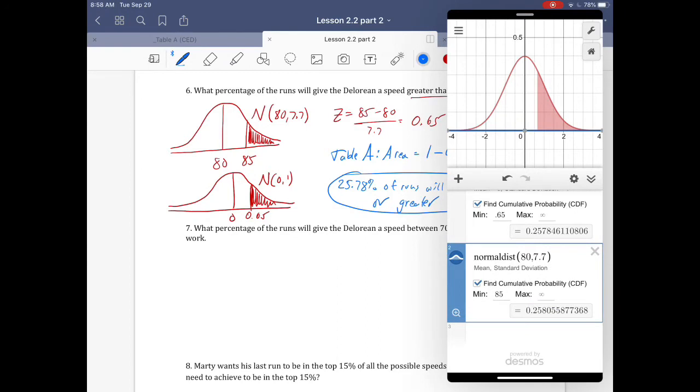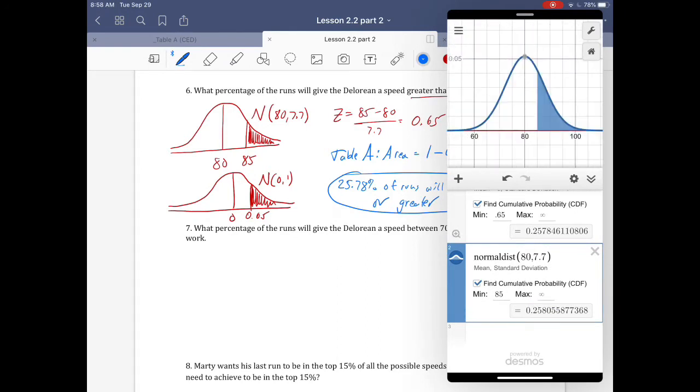Now if we hit this magnifying glass, it's going to zoom in and give us our sketch here based on this. And now we see why it's important to notate which normal curve we're talking about at all times.